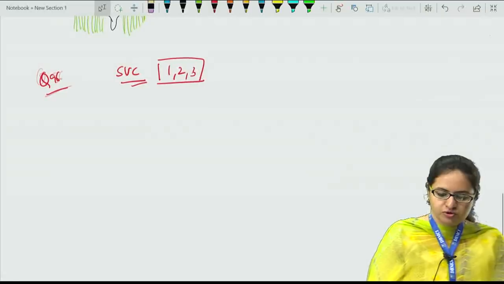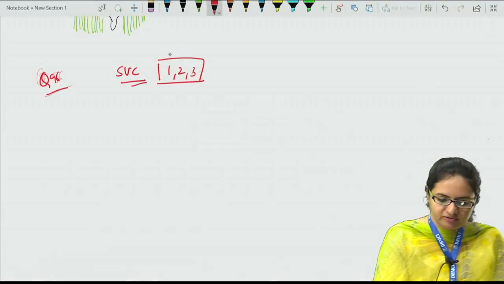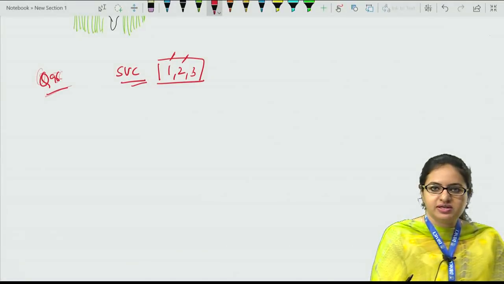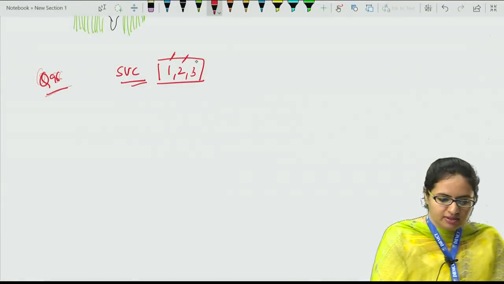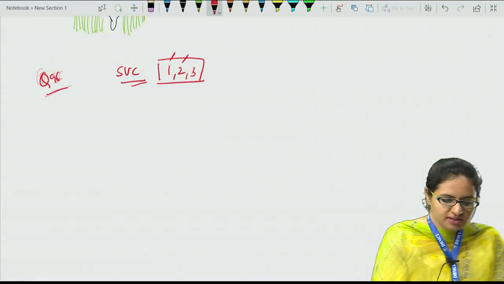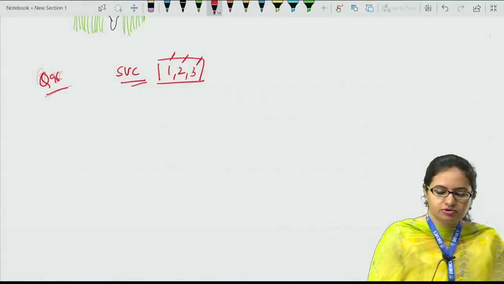The formation of the superior vena cava occurs at the level of the first costal cartilage. Then it pierces the pericardium at the level of the second costal cartilage, and it opens in the heart at the level of the third costal cartilage.